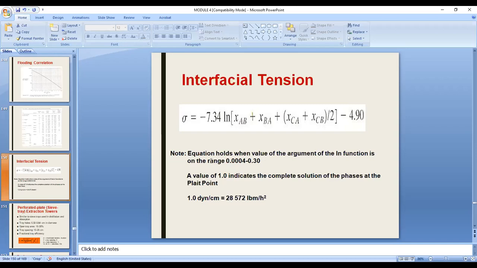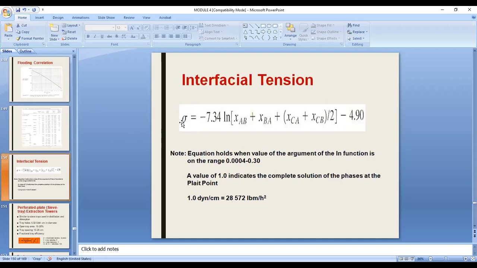Meaning if it's lesser or greater than this, the value that you will be getting will no longer be acceptable. Either it will be negative, and there's no interfacial tension that is negative. So then this particular formula will no longer be suitable.